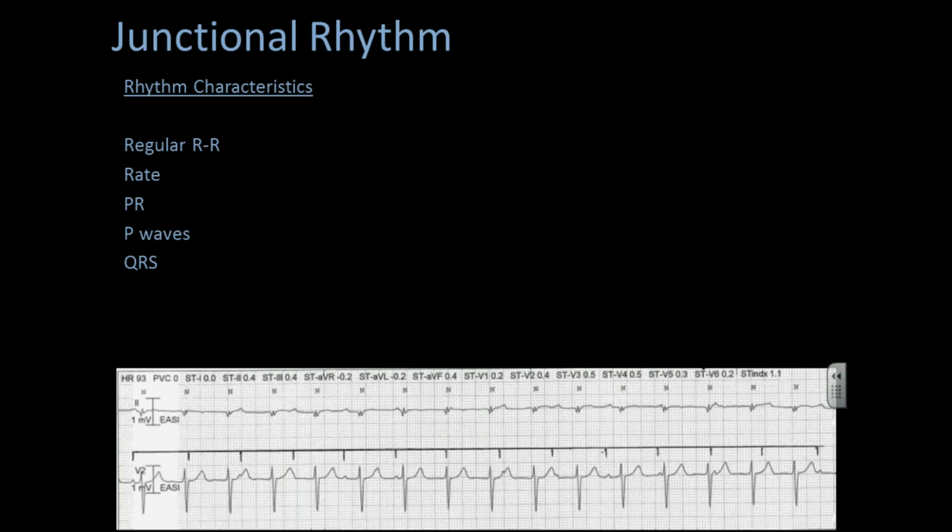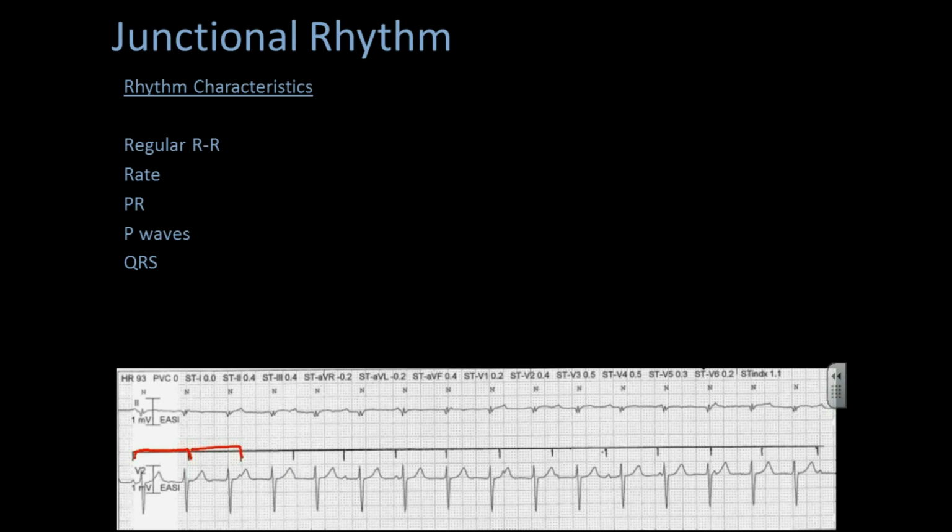Okay, and this is our final rhythm strip. Now, I drew some lines in here to help you follow where these P waves are. You can see I've drawn these lines across the middle, because this gets very confusing.